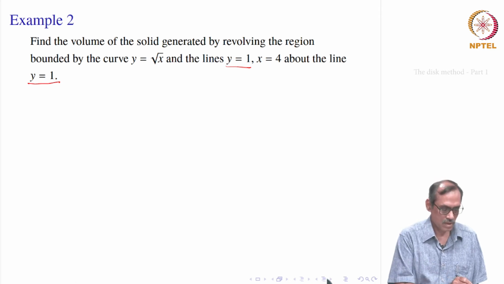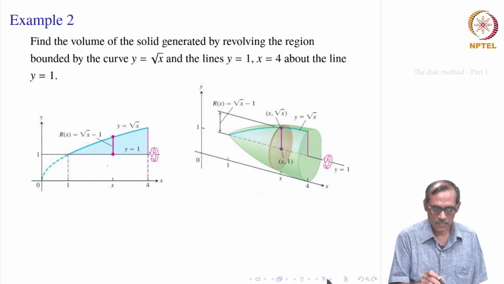So, how does the figure look? We have y equal to root x, which is the blue one, the curve here, and y equal to 1 is the line here. What is the region? It is bounded by the curve y equal to root x, the lines y equal to 1 and x equal to 4. So, this is the line x equal to 4, this is the line y equal to 1 and this is the curve y equal to root x.